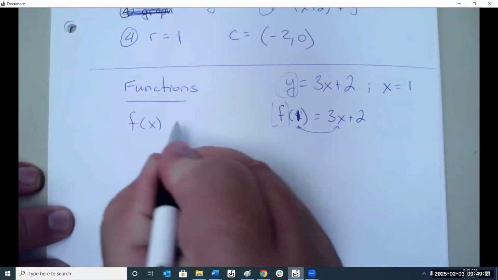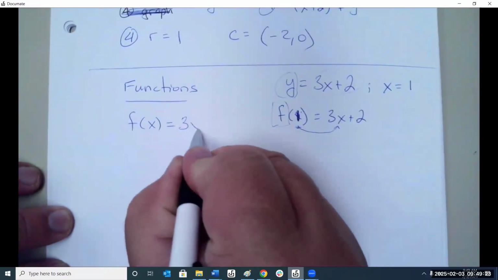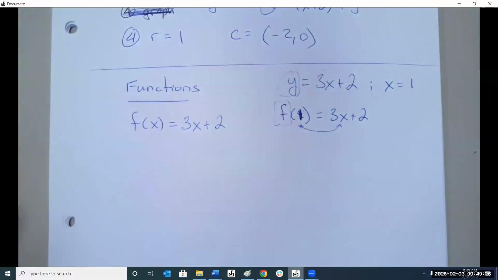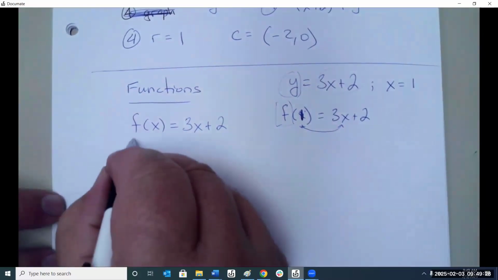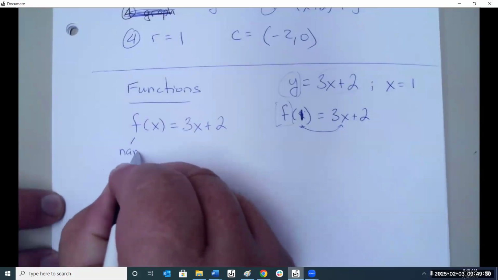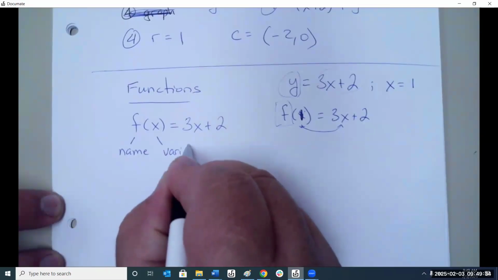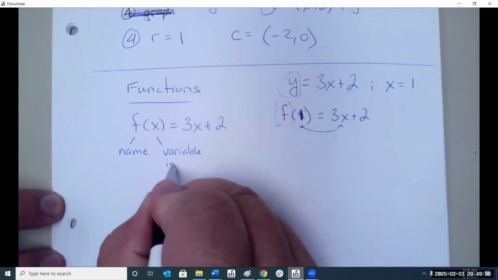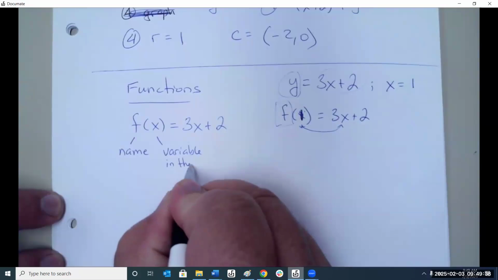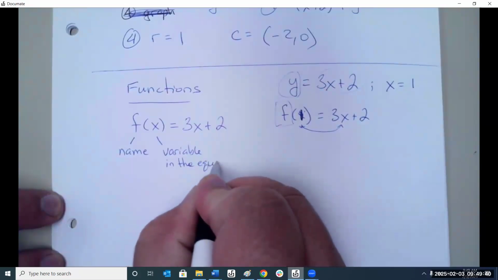Functions with respect to equations will look like this, where that's the name of the function, and this is the variable in the equation.